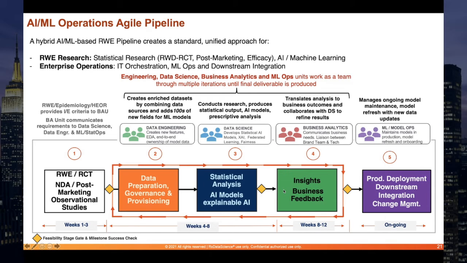Fourth is the business insights. Once these two groups have completed their work, there's a fourth team, and this is an interesting one. They're comprised of business liaisons who take the results from the statistical analysis group and pass that information back to the business teams, such as the brand teams in commercial research.